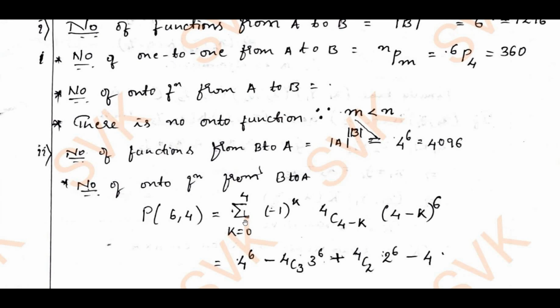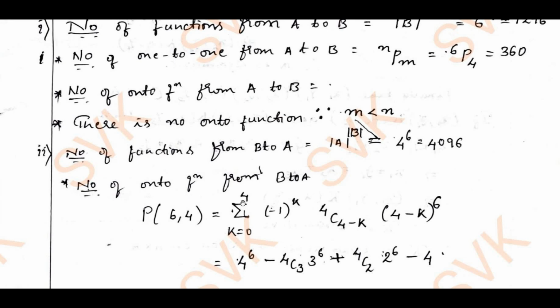Plus the third term. When I give k equal to 2, (-1)^2 is plus 1. Plus 4C(4 minus 2), which is 4C2, and 4 minus 2 is 2, so 2 power 6. That is the third term I have written.